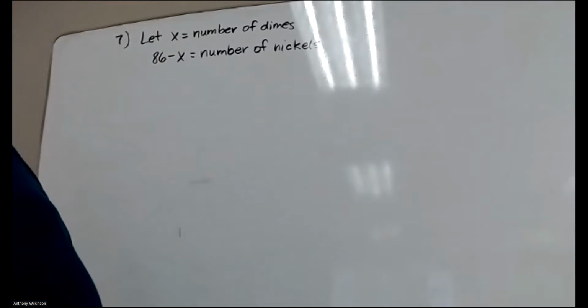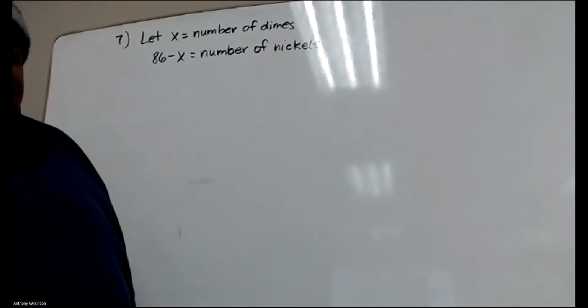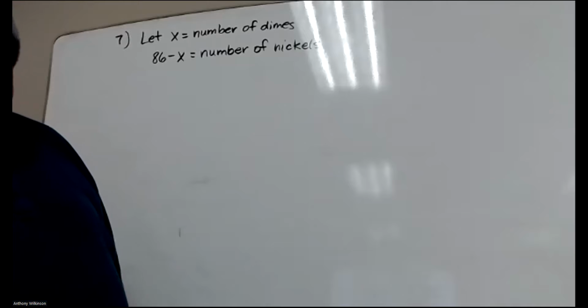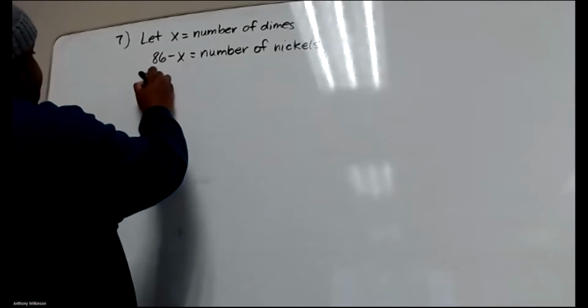And then the next sentence says here that the amount of money in the box is $5.90. Now we have to think of how much is a dime and how much is a nickel. All right, for a dime, that's 10 cents.